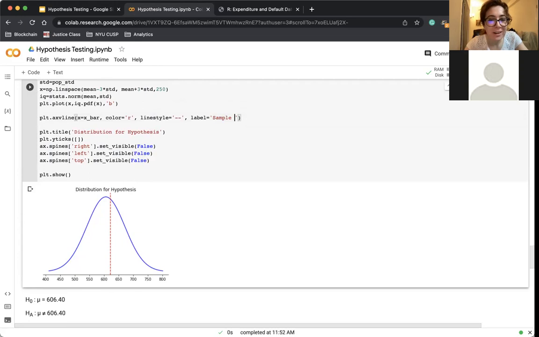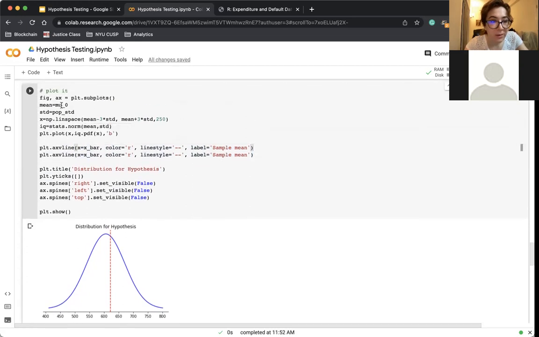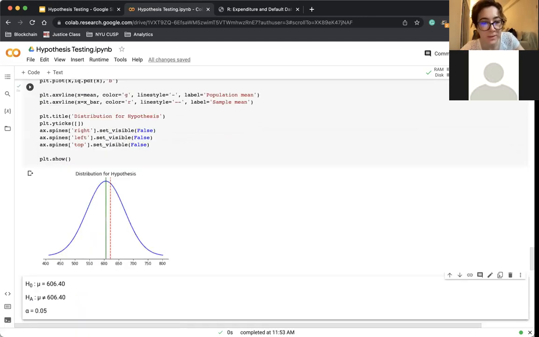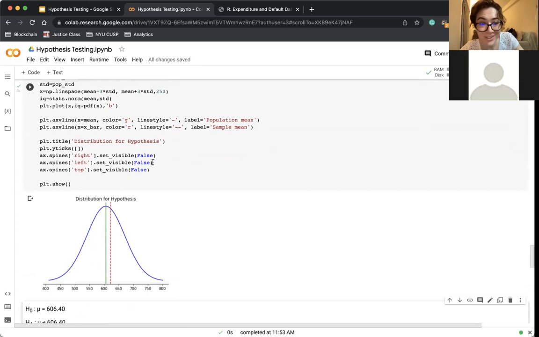Okay, sample mean, and let's just show that, where we have the population mean. Let's make this one green and this one red. And I will make this just one dot. So now we can compare the difference. Excellent catch, because you're absolutely right.